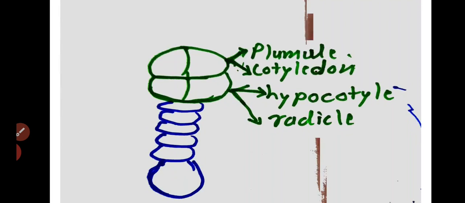Then out of those 8 cells, the lower 4 cells, or the lower tier, are converted into the hypocotyl and radicle, and the upper cells are converted into the plumule and cotyledons.